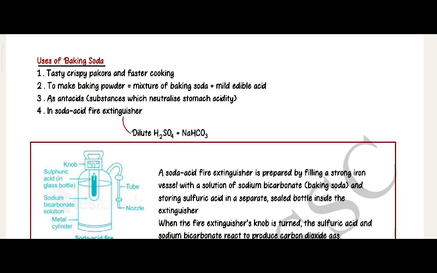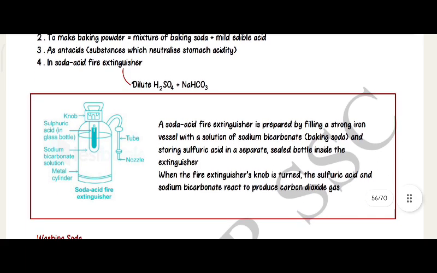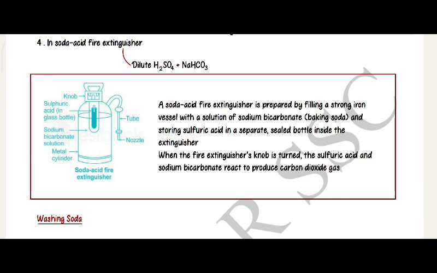In a soda acid fire extinguisher, dilute H2SO4 plus NaHCO3. Parts: nozzle, tube, knob, sulfuric acid in a glass bottle, sodium bicarbonate solution, metal cylinder.